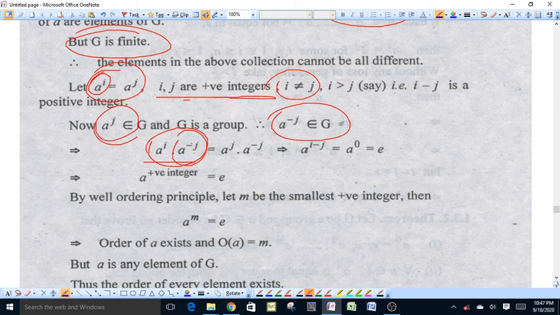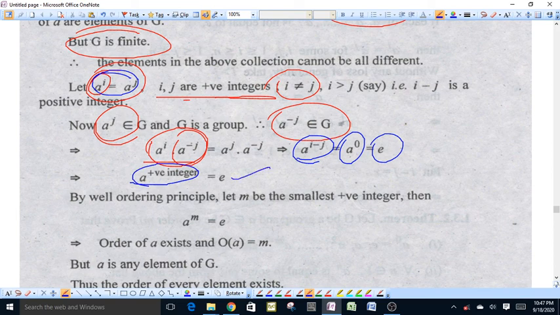Here we have taken that a raised to power i is equal to a raised to power j. This means a raised to power i minus j will be equal to a raised to power 0. But a raised to power 0 is equal to the identity element of the group. Now a positive power of a is equal to e.